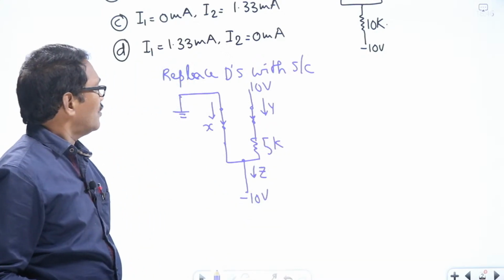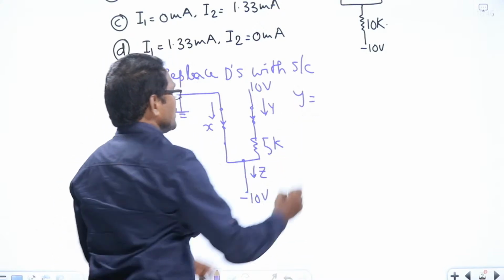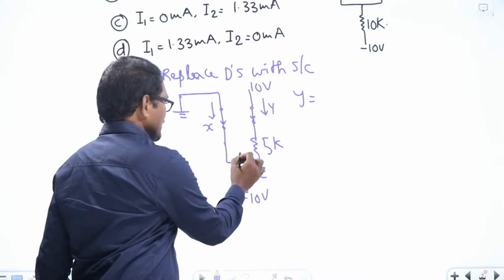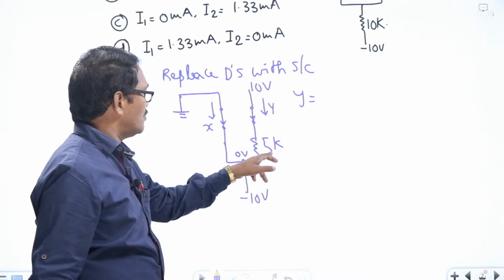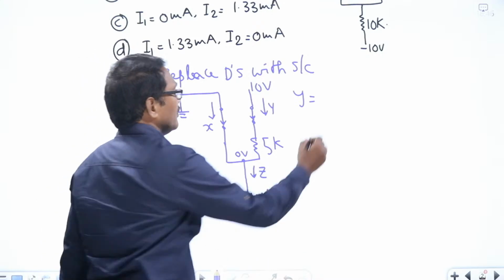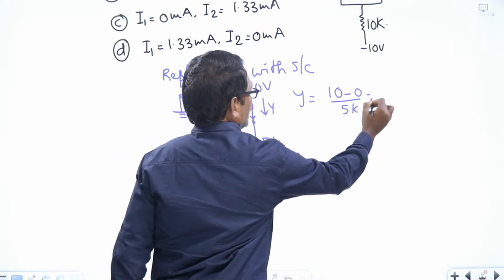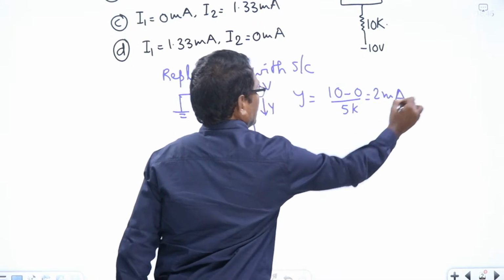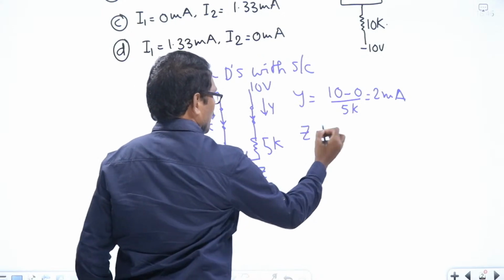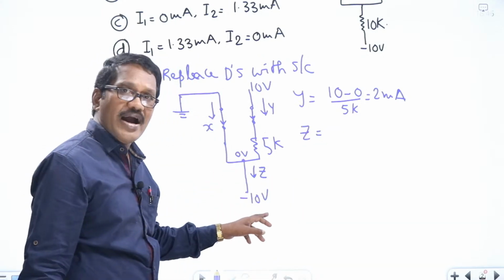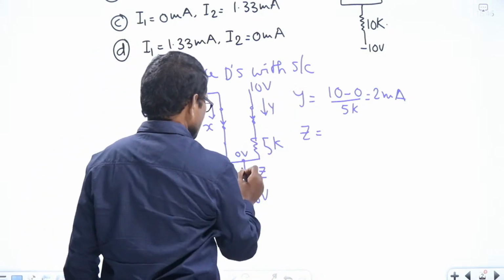Right? So now, how is Y calculated? Y is equal to, at this point 0 volts, so 10 minus 0 by 5k, that is 2 milliamperes. And Z is equal to, what is Z? 0 minus of minus 10 by, so here one more resistance, 10k, sorry.